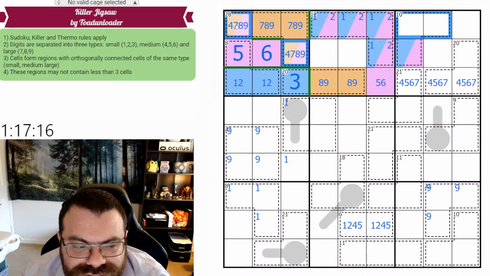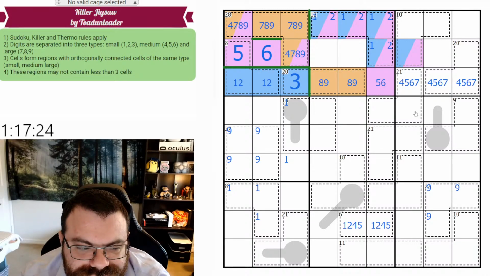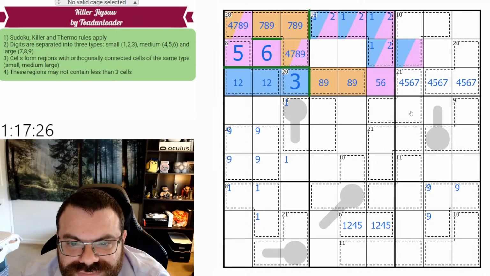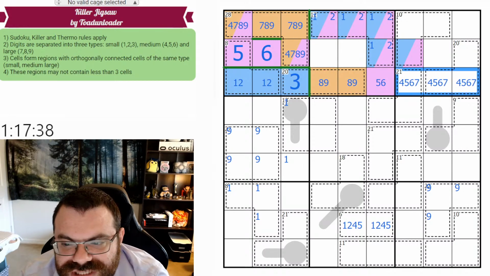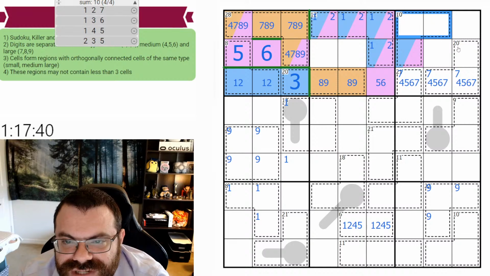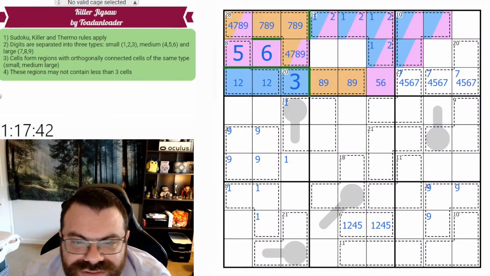This would be 4. In this row, the 7 has been limited to these 3. So now this can't be 7, so it is low, mid.